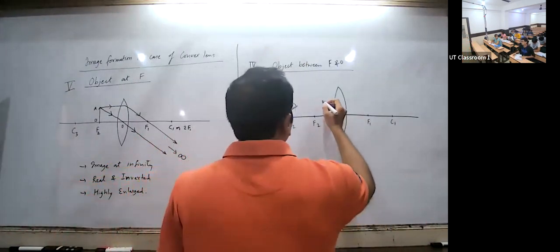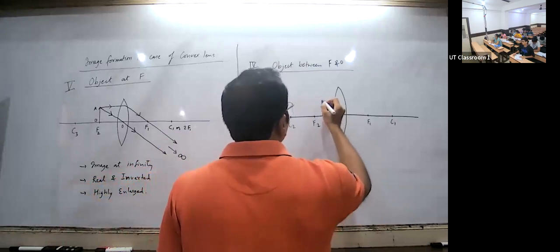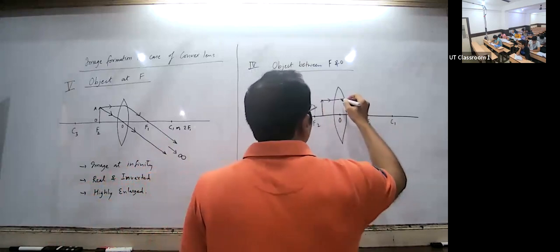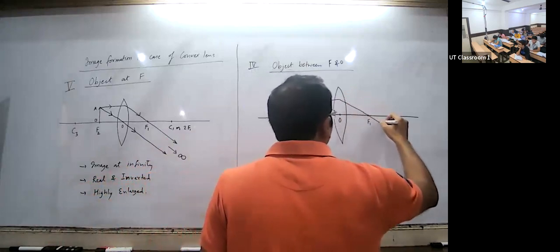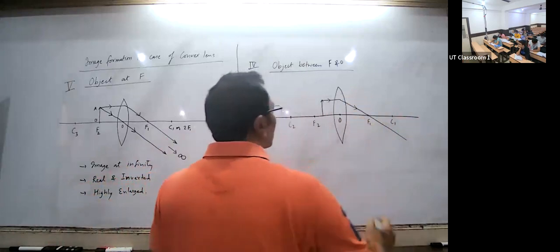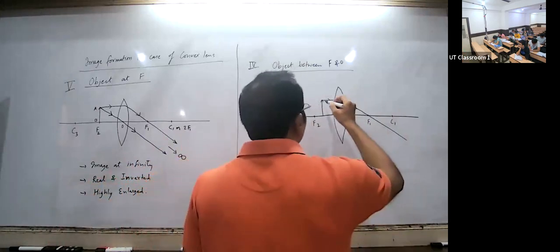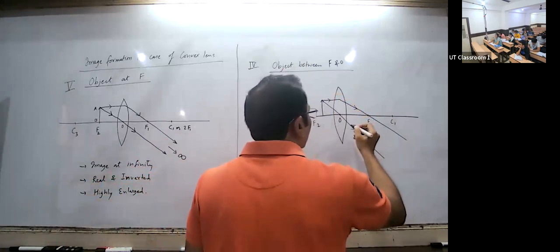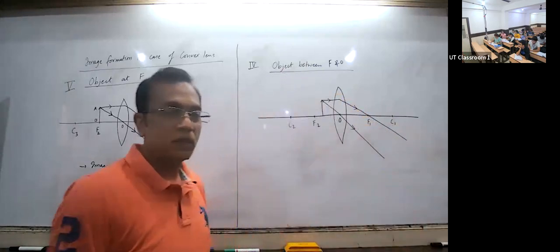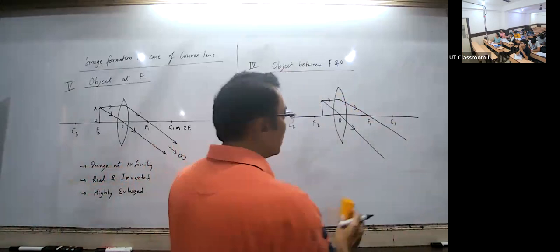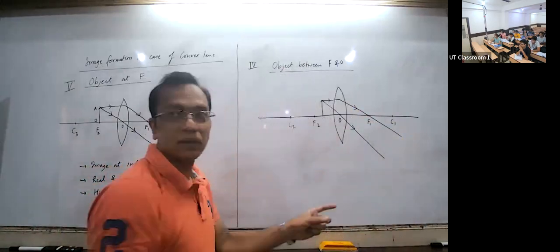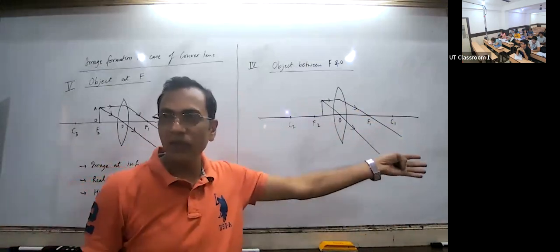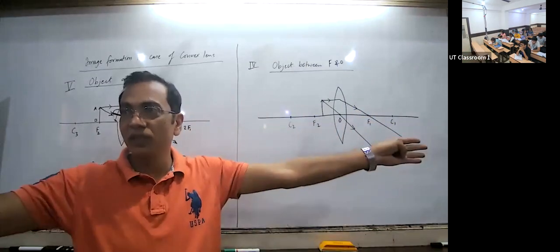Where is the object? Between F and O. So obviously one ray will be parallel and it will pass through F1 here. Second will pass through O. How is the nature of rays? Is it likely to meet anywhere? Yes, meaning when we extend them backwards. But the refracted rays are not meeting because they are diverging now.